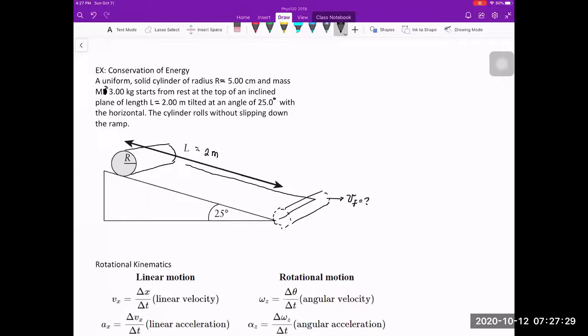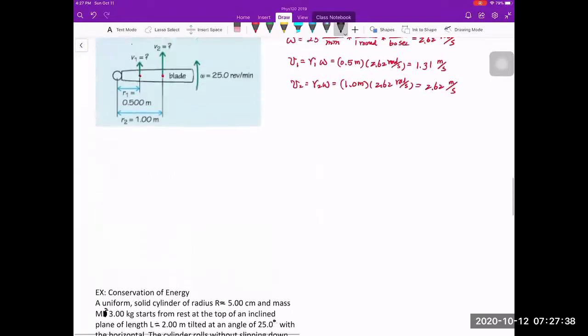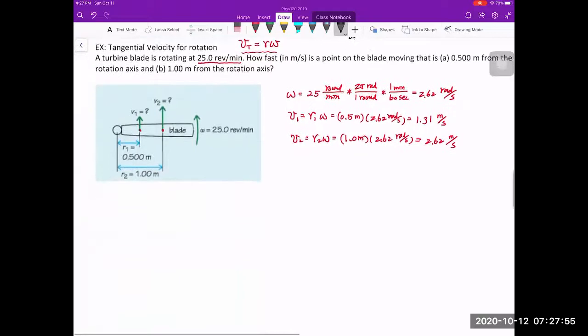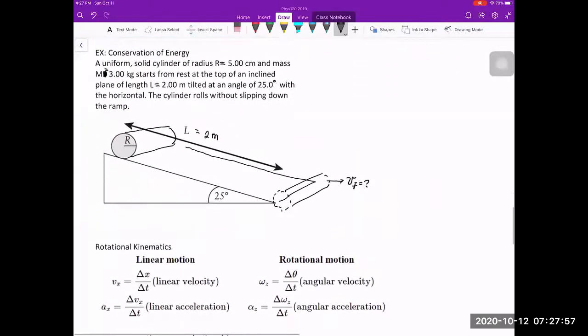Because there's no friction, we don't need to consider the work of the non-conservative force. Looking back at the equation we gave you before, we have the kinetic energy, potential energy, plus non-conservative force work, equal to the final kinetic and potential. So initial equals final. You sum all these together, and the value doesn't change.